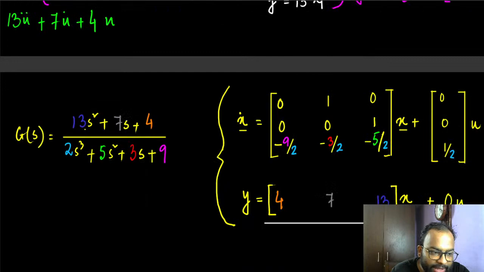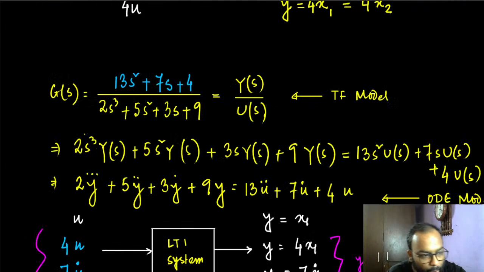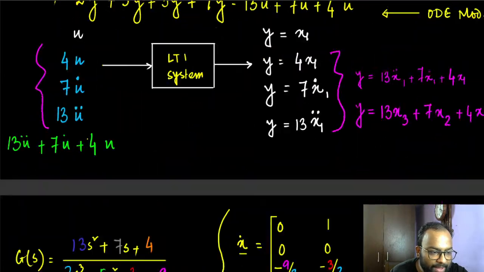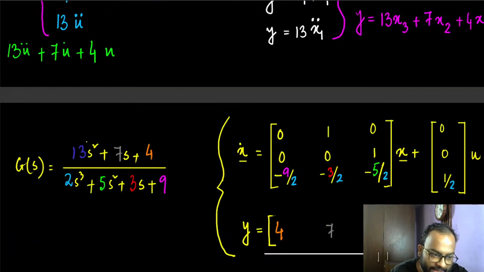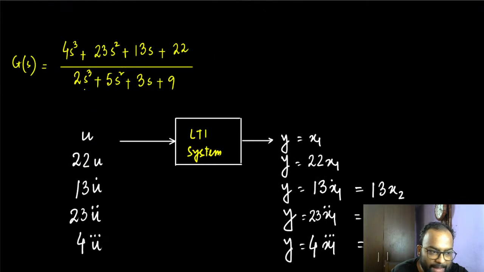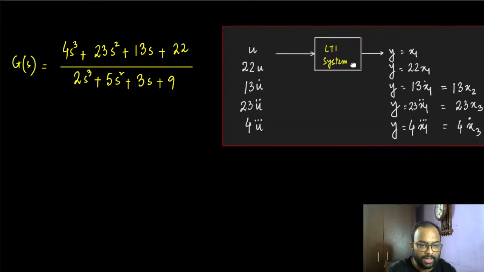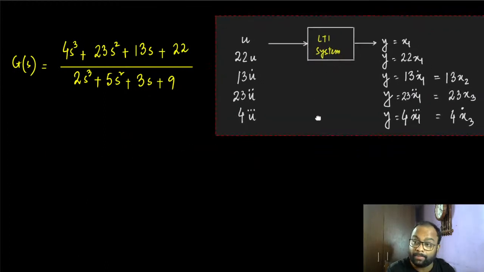We have tactfully kept the order of the numerator lower than the order of the denominator. But here we see an example where the order of the numerator is equal to the order of the denominator, and under this scenario, this sort of approach does not work. Of course, it works, but with some modification.